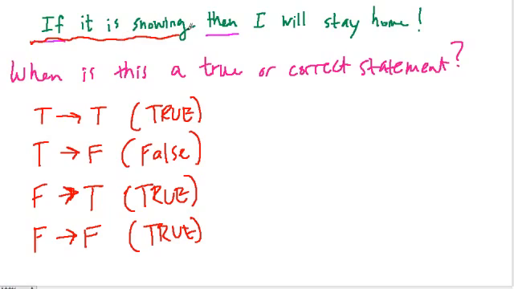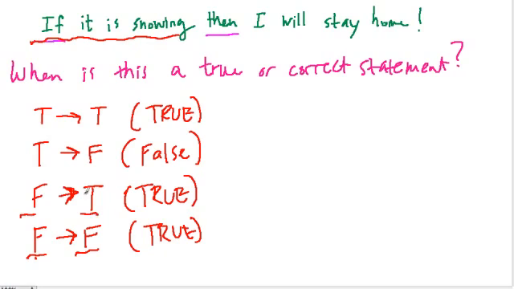We only know what does follow when the first statement is true. So when we don't know what should follow from the first statement, then we can't say that you lied, right? Because it's not snowing outside and you didn't stay home. Well, that's fine, because you never said you wouldn't do that. And here, again, it's not snowing out and you stayed home. That could be true as well. There might be other reasons to stay home.